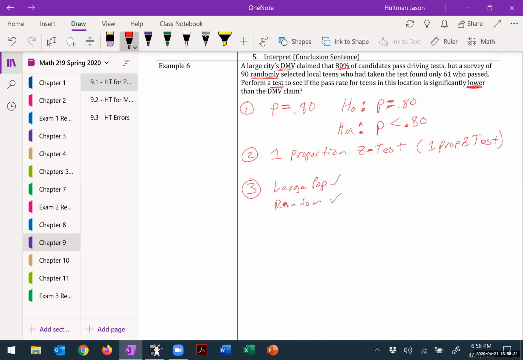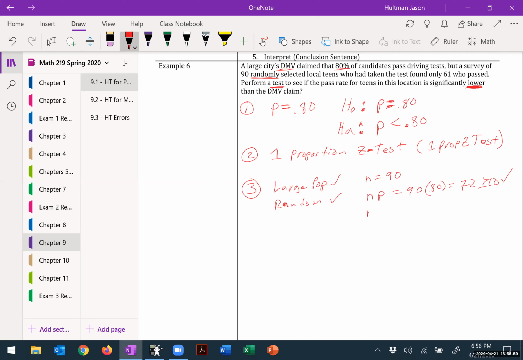Is it a large enough sample? How many were chosen? What's n? n is 90 in this case, right? 90 students. So what's n times p? What's 90 times 0.80? Well, that's 72. And that is greater than or equal to 10, so that checks.